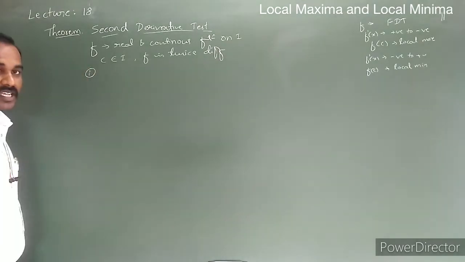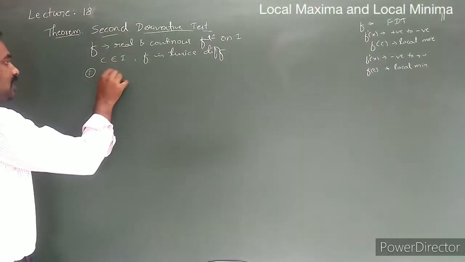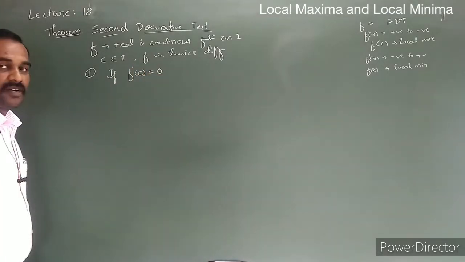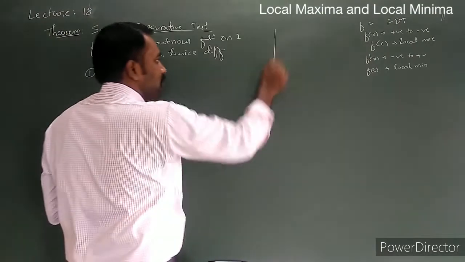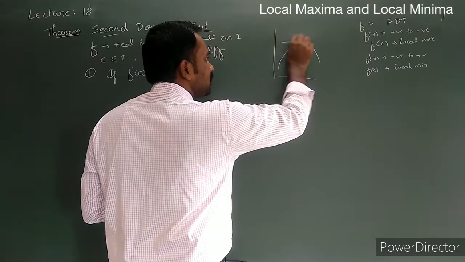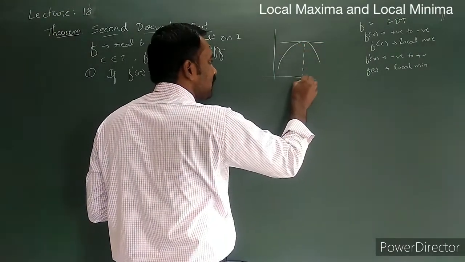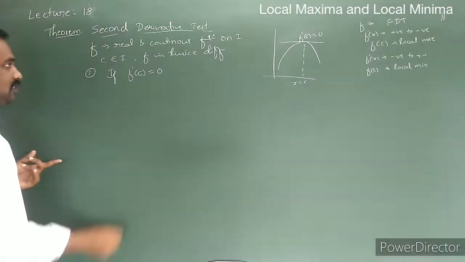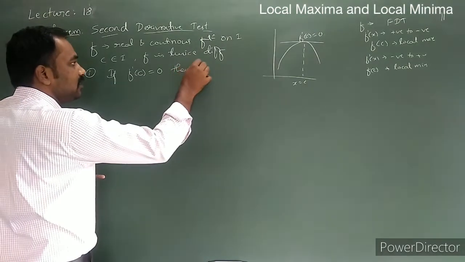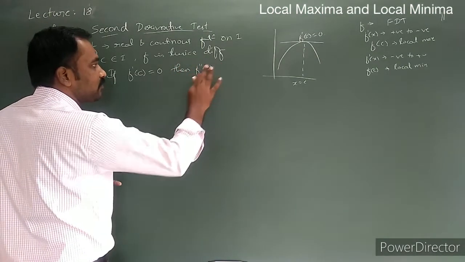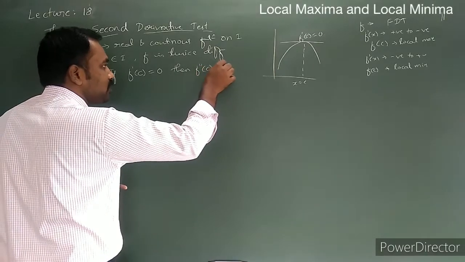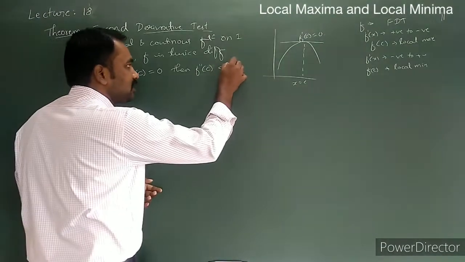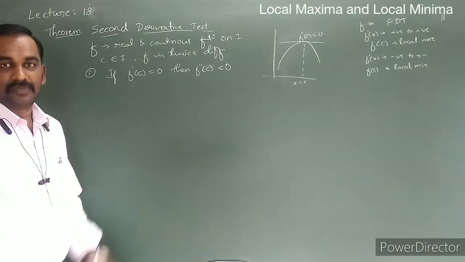Then in the first case, if f dash of c is equal to 0, which means the slope of the tangent at the critical point x is equal to c is 0, then f double dash of c should be less than 0, that is, it should be negative.